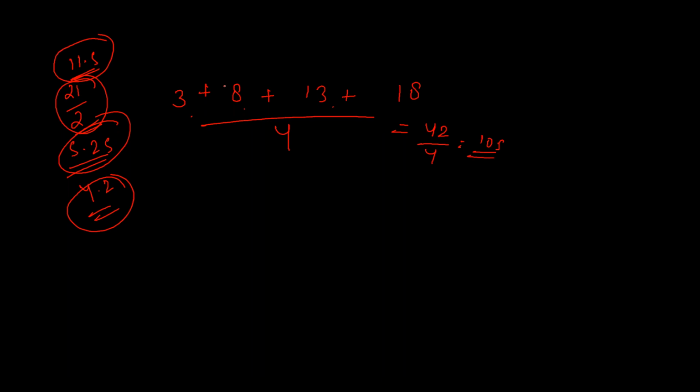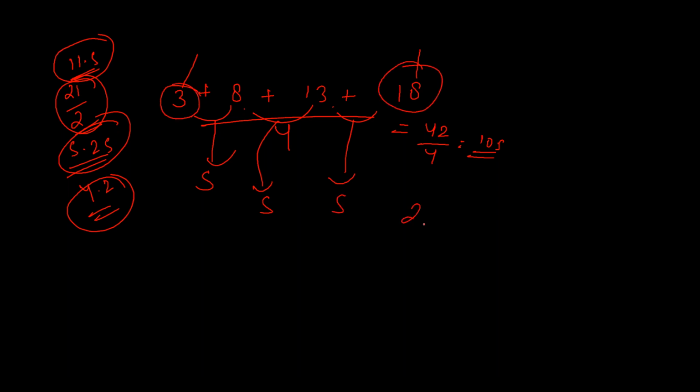I told you what you have to do is 3 plus 18 because the common difference is 5 here, 5 again, and here it is 5 again. 3 plus 18, which is 21, divided by 2, which is 10.5. It is that easy.